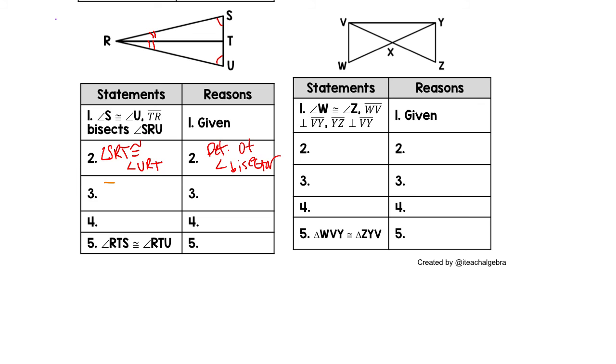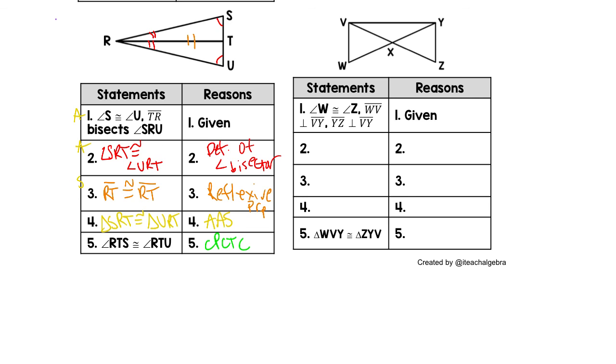Now we know that our favorite segment RT is congruent to segment RT because of the reflexive property. So we've got an angle and a side. So we can say triangle SRT is congruent to triangle URT because of angle side congruence. That also tells us that angle RTS is congruent to angle RTU because congruent parts of congruent triangles are congruent.